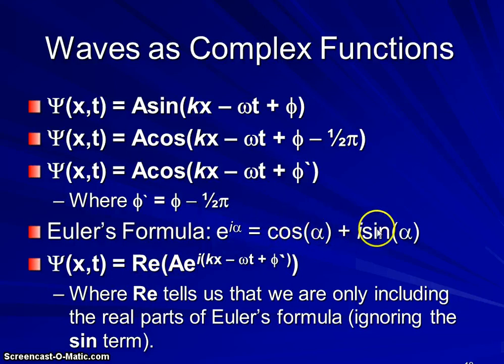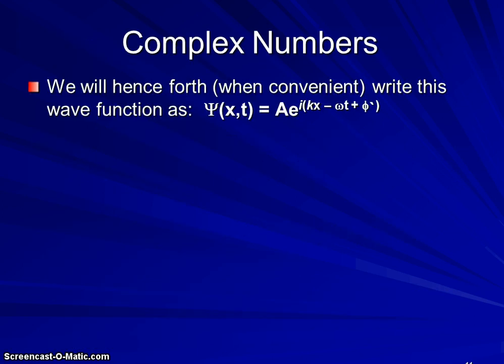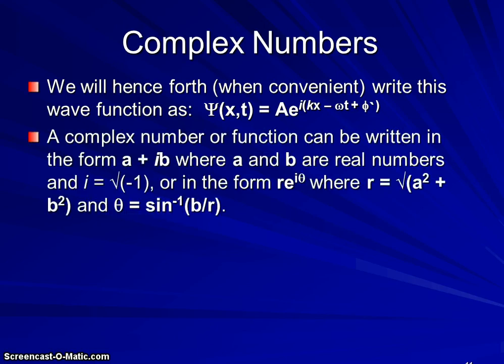We're ignoring the sine term when we convert from cosine to the exponential, but still it generates the square root of -1, the i term in that function. And so I want you to try these on your own, go ahead and pause. What we'll do here is when convenient, we'll write the wave function in that fashion, and that's going to cause us to want to do a little bit of practice with complex numbers.